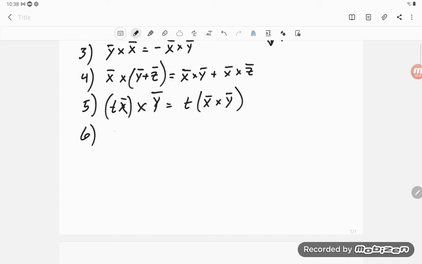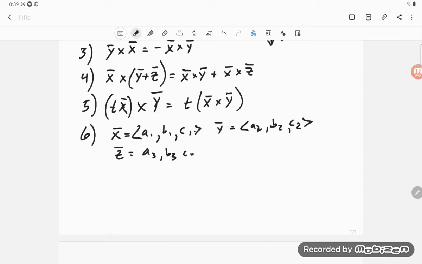I'll use their notation here: they have that x is A1, B1, C1, and y is A2, B2, C2, and z is A3, B3, C3.